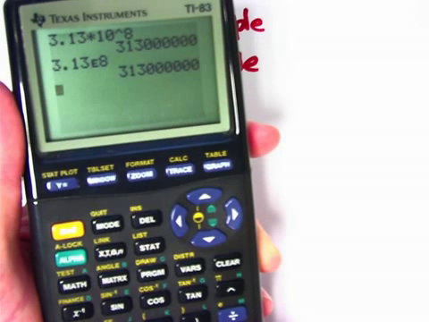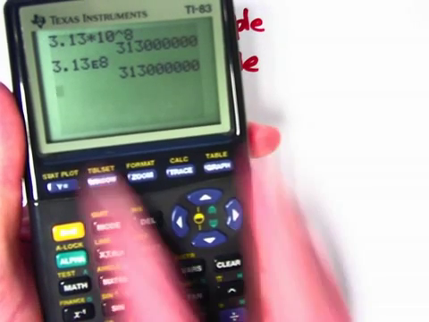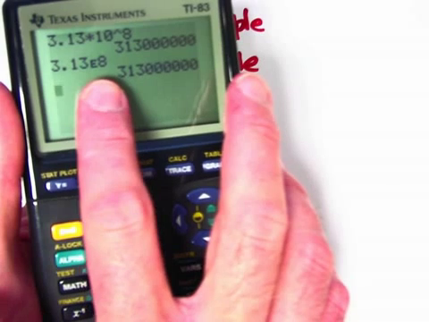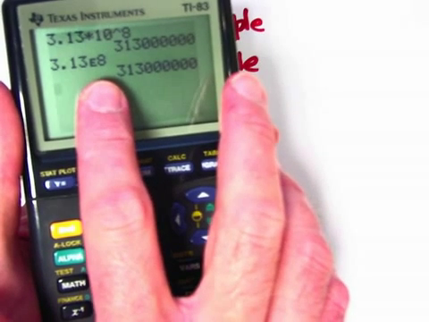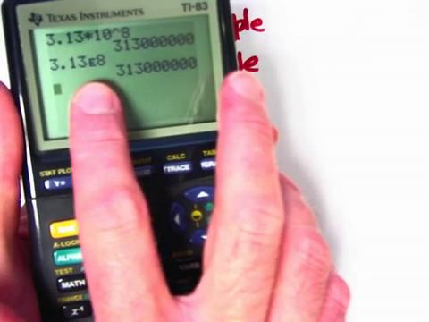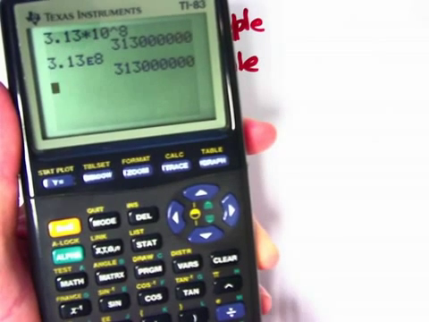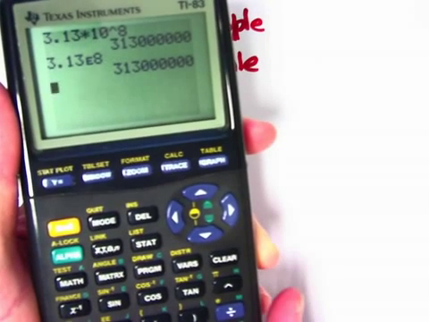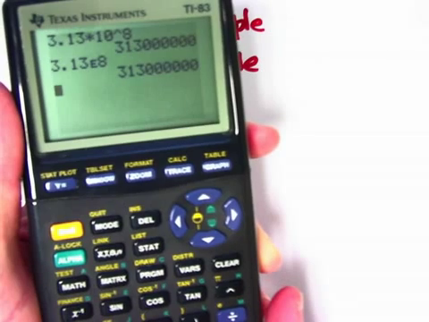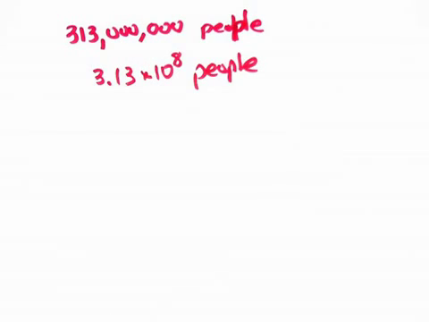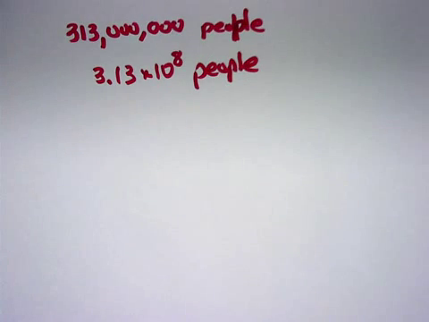You can see it's the same number. And sometimes you'll see your answer spit out like that with an E and a number after it, the 8. This is saying 8 is the exponent of a power of 10, 10 to the 8th power. 3.13 times 10 to the 8th is the calculator's way of doing that sometimes. So that's how it is in scientific notation.